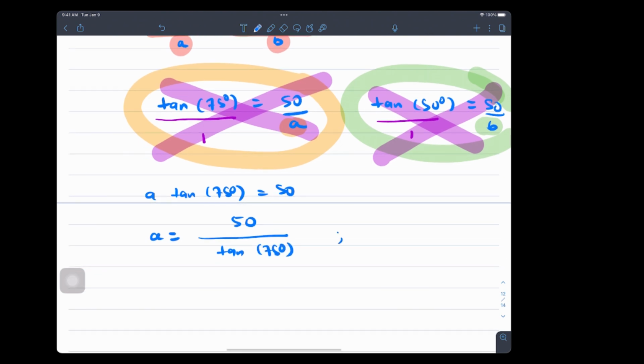Over here, we have B tangent 50 degrees equals the number 50. And again, cross multiply. Oh, no, we did cross. Divide by what? Tangent 50. You get B equals 50 over what? Tangent 50.